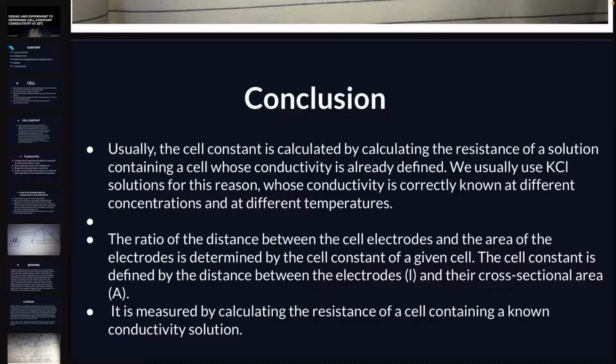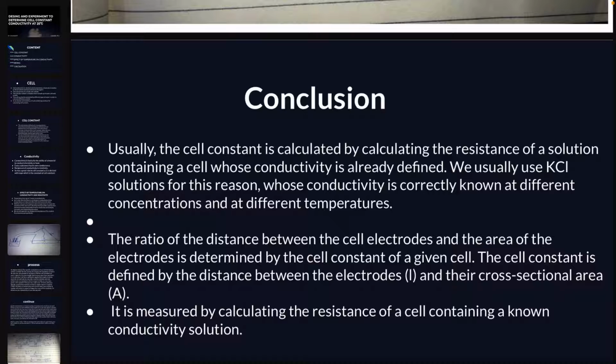As a part of the conclusion, resistance and conductivity are used to calculate the cell constant. The next point of our conclusion: the ratio of the distance between the electrodes and the area of the electrode is determined by the cell constant. The cell constant is defined by the distance between the electrodes and their cross sectional area.